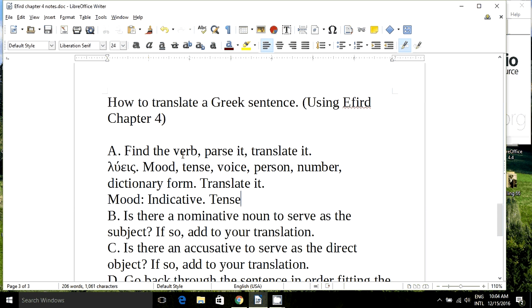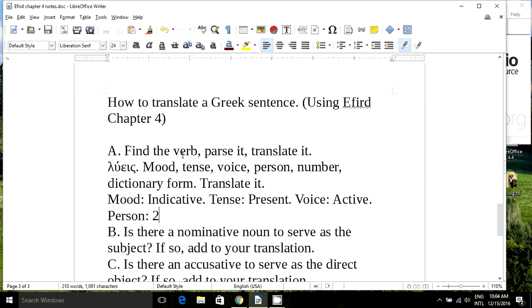What tense is it? Well, lies is present tense. We've learned the present tense and the imperfect tense. The voice is active. Again, all we've learned so far, active voice verbs. Person, that's second person, and number is singular. What's the dictionary form?